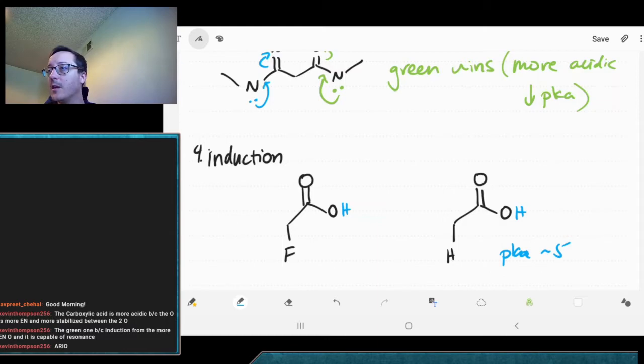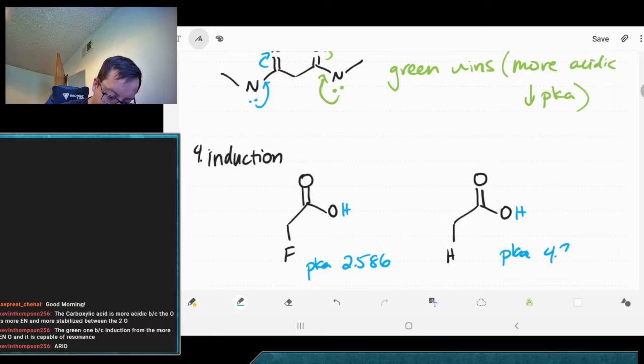Fluoroacetic acid has a pKa of 2.5. Okay, so putting the pKa's there so we can all see those. We're going to see, yes, having an electronegative atom nearby is going to make things a little bit more stable through the process of induction.